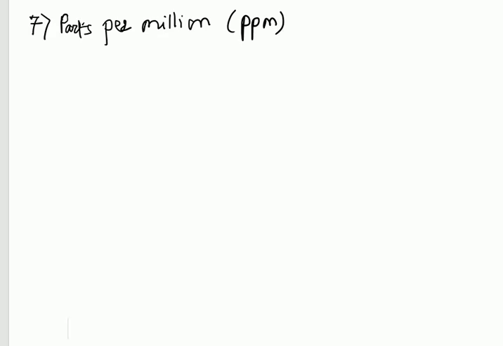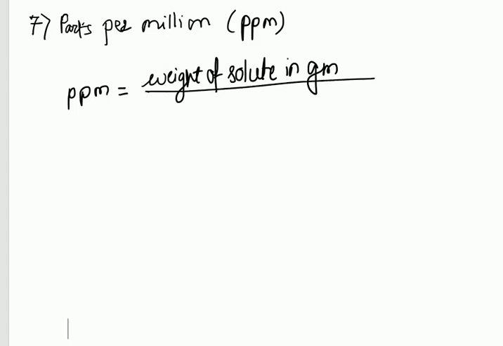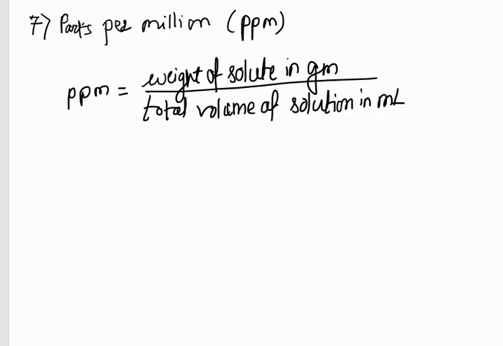When the amount of solute in gram is present in 1 million ml of solution, the concentration is expressed in ppm, and we can calculate it as: ppm concentration is equal to weight of solute in gram upon total volume of solution in milliliter, into 10 raised to 6 power.